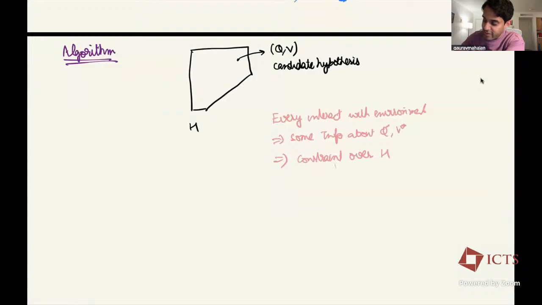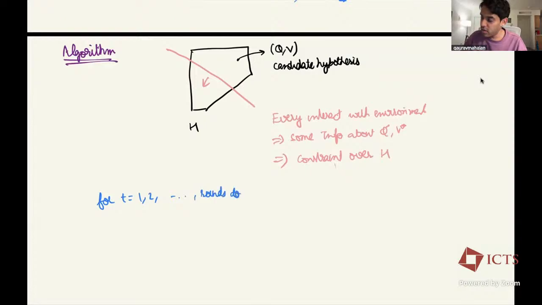Okay, so I'm going to draw it linear, but it's going to be constrained like this, saying everything has to be on this side or something like that, right? Okay. And so basically the algorithm is going to look like this. I'm going to run this algorithm for some rounds. I'm going to run a policy pi, induced by some QV candidate.